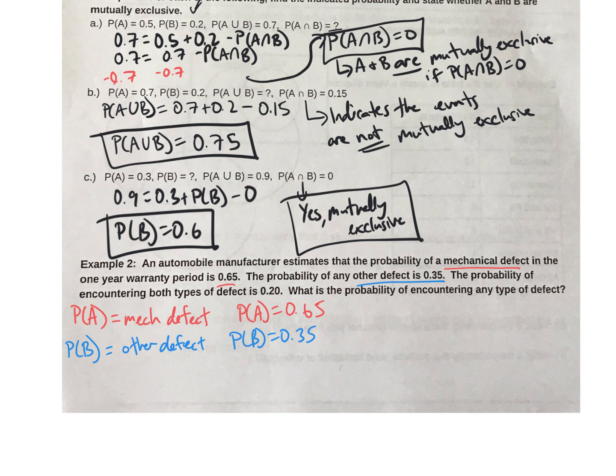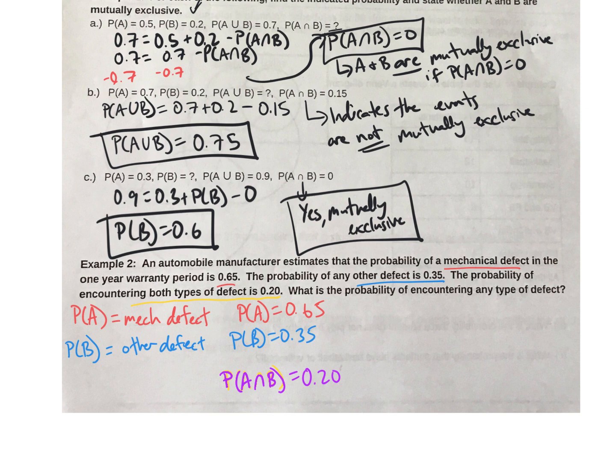That's all the information we have about both types of events, but we do know the probability of encountering both types of events is 0.2. So both types, that would be and, probability of A and B, is 0.2.